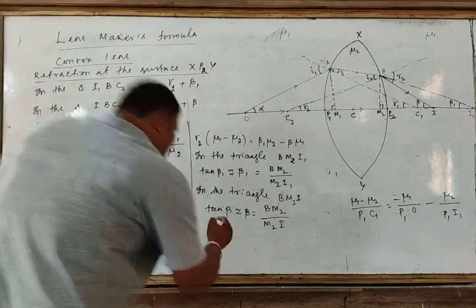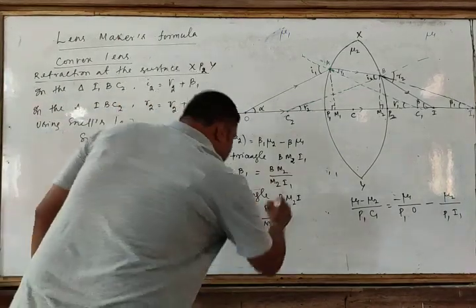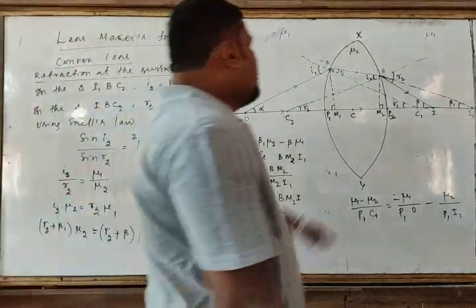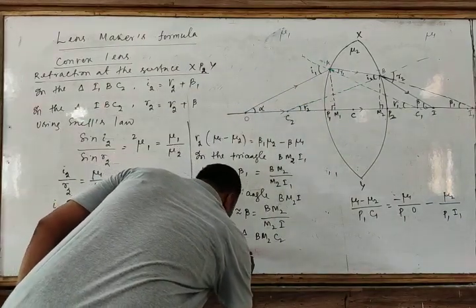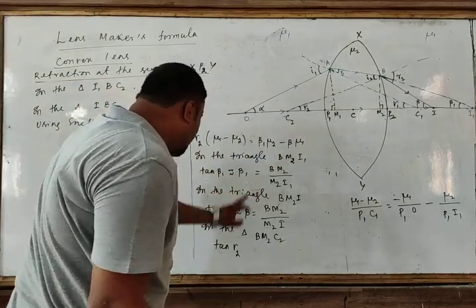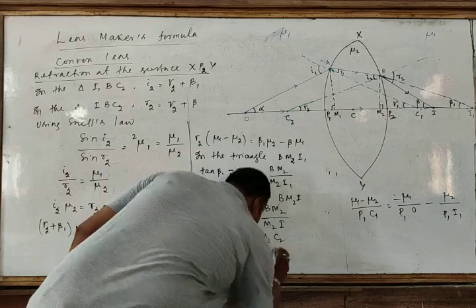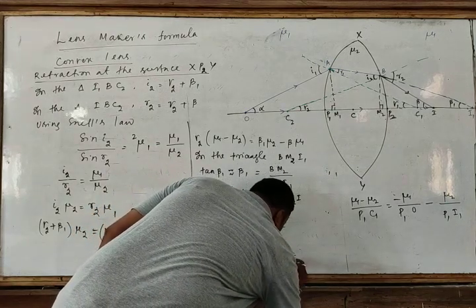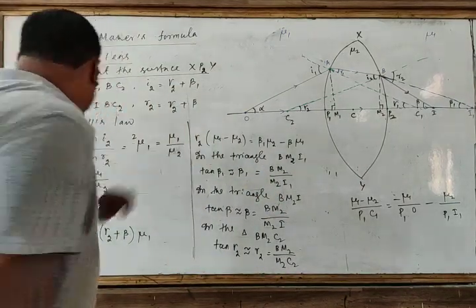In the triangle B M2 C2, tan gamma 2 is equal to gamma 2 for small angles, that is equal to B M2 divided by M2 C2. Now put that in this expression.